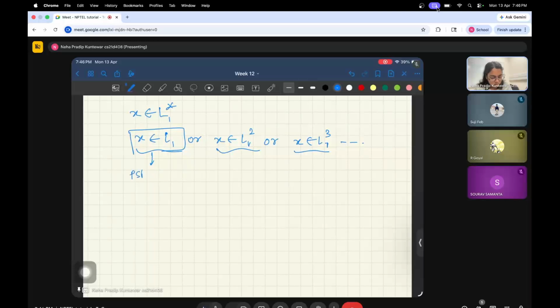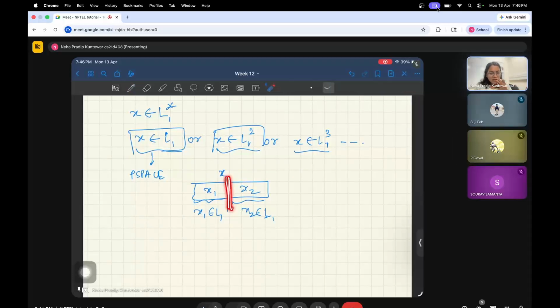You just run your PSPACE machine. If you want to check for L1 square, then x can be partitioned into two, say x1 and x2, such that x1 is in L1 and x2 is also in L1. So you go through all possibilities: maybe assume the split is here and check, or here and check. There are just n many possibilities to check, and if any of them works out, then we are done.